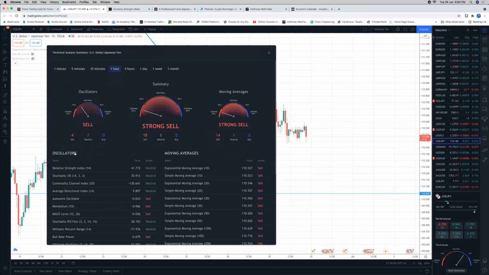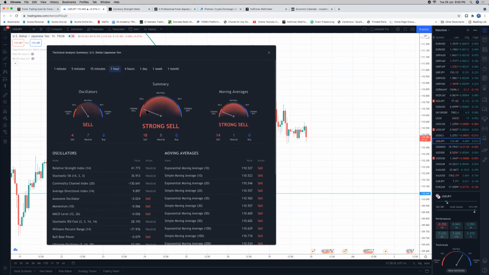What says that here? We have a total of 11 indicators here. 7 say neutral, 4 say sell. Under the moving averages, 18 and 8, that's 26. So from 26 moving average indicators, 18 of them say we should sell, 8 say neutral. The average of these is equal to a strong sell.